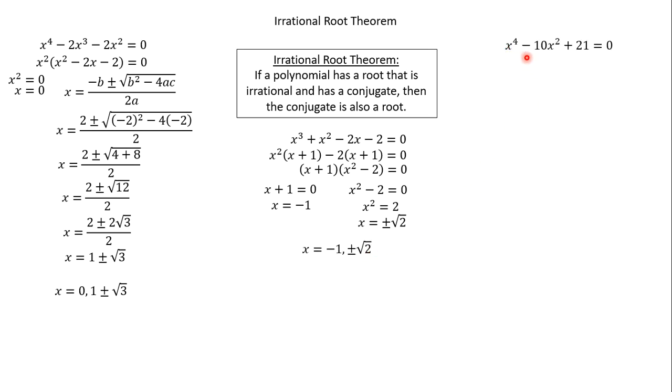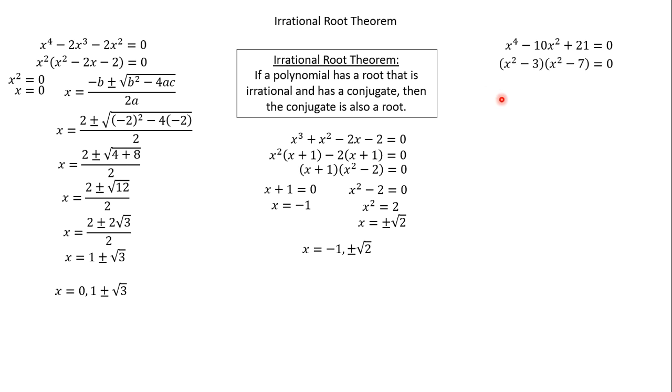If we have something like this, x to the fourth minus 10x squared plus 21 equals 0, well, they don't have anything in common, so let's count the terms. We have 3 terms. How can we factor something with 3 terms? Is it like a quadratic? Well, it's x squared and x to the fourth, so yeah. Let's see, what times what equals 21, but it has to give us negative 10. If you're thinking negative 7, negative 3, it's good thinking.